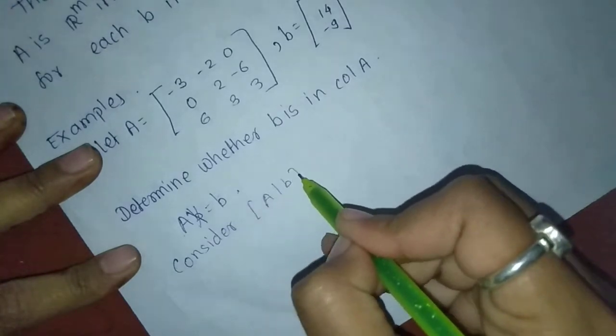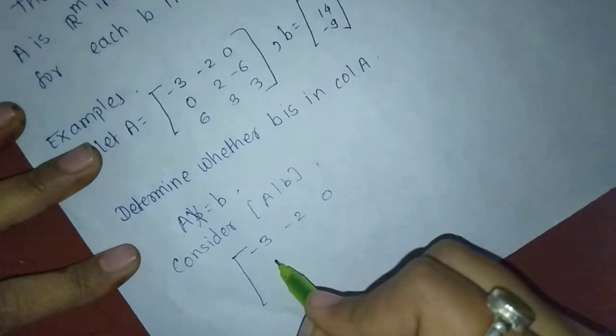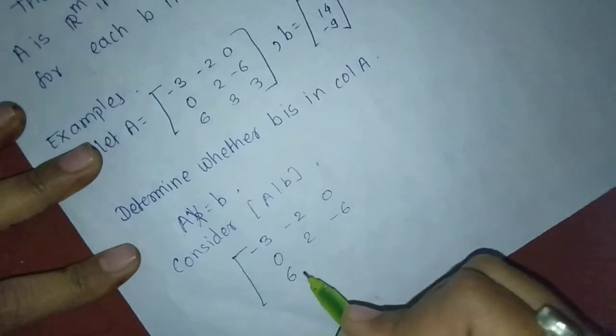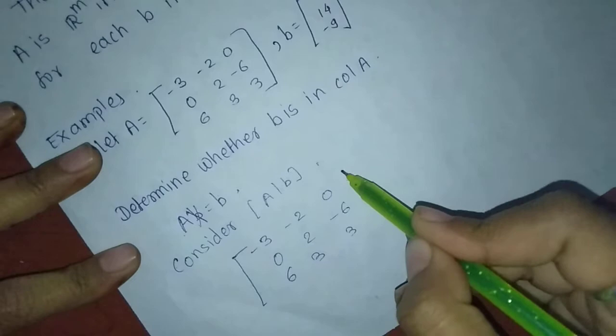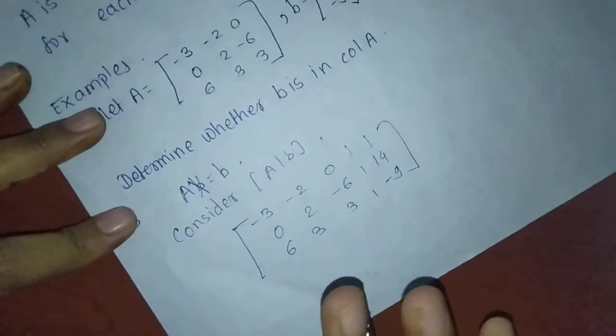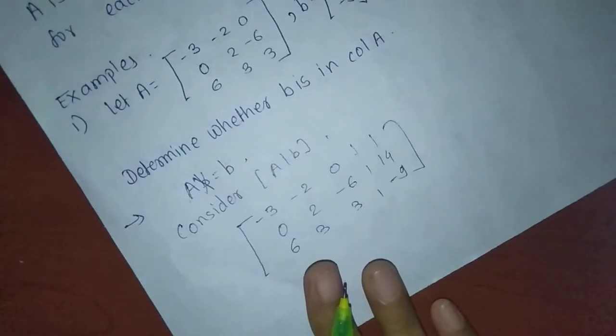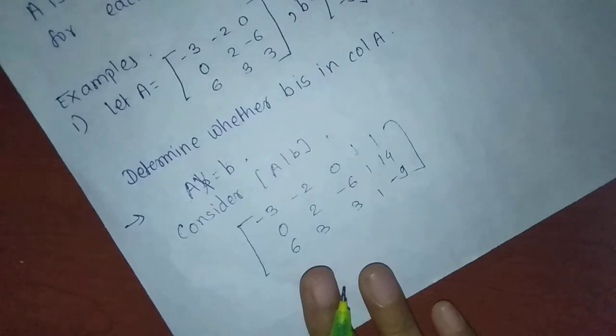A augmented B. A is -3, -2, 0, 0, 2, -6, 6, 3, 3 and B is 1, 14, -9. Now reduce it into row echelon form.